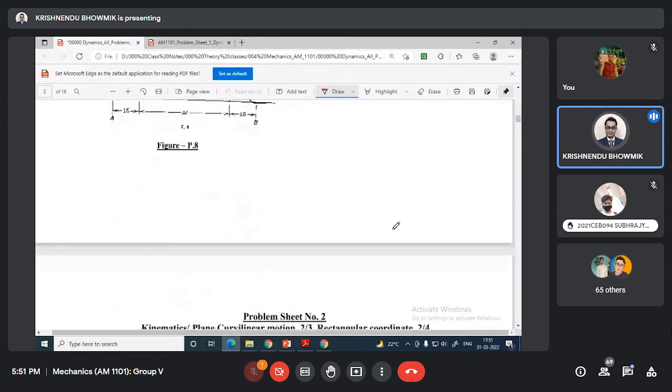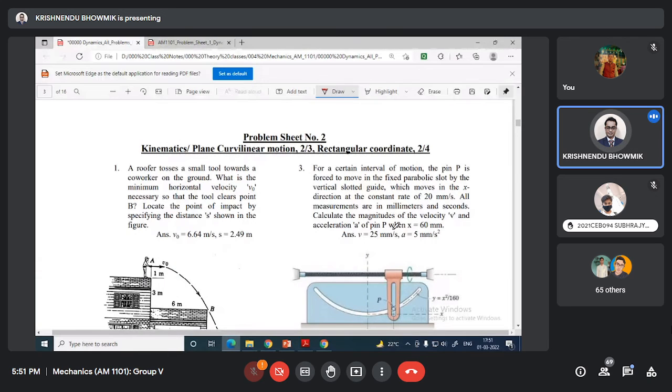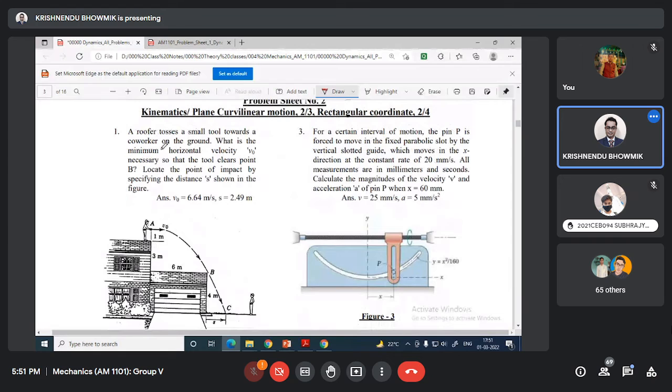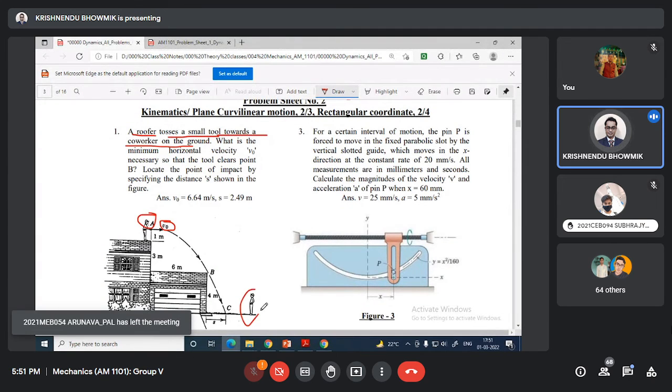For problem sheet 2, I just want to tell you that you have a roofer who tosses a small tool towards a co-worker on the ground. So this person is throwing this ball with some velocity v0, and this is the man.